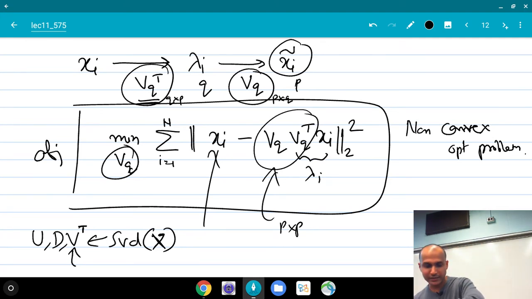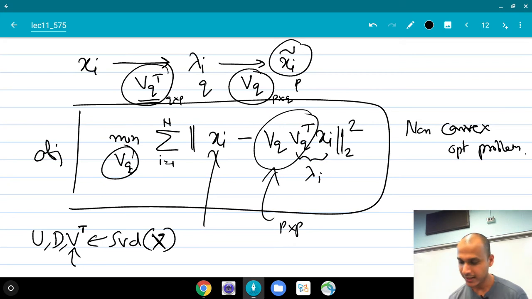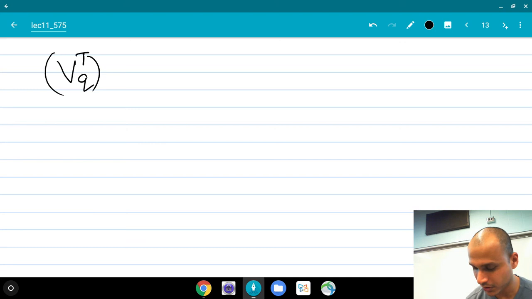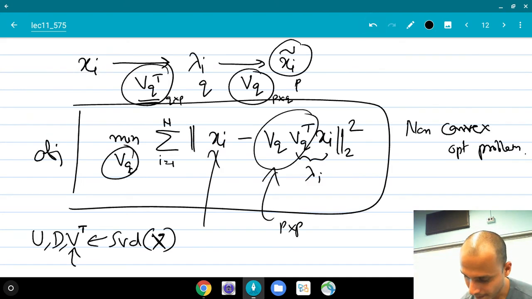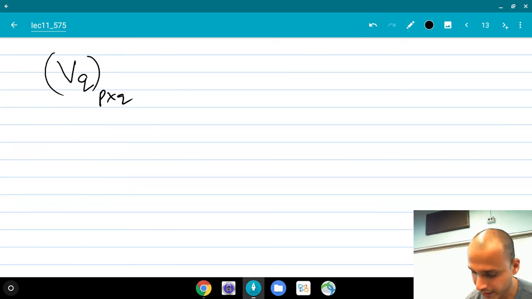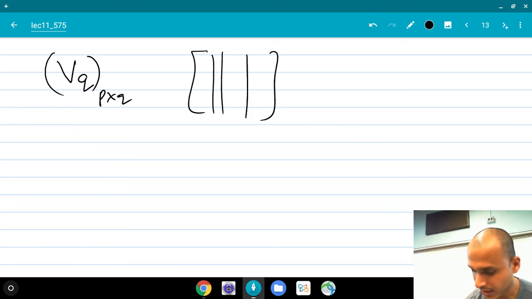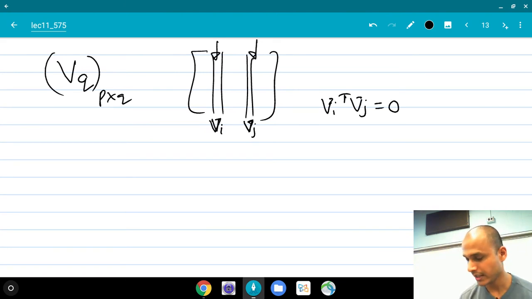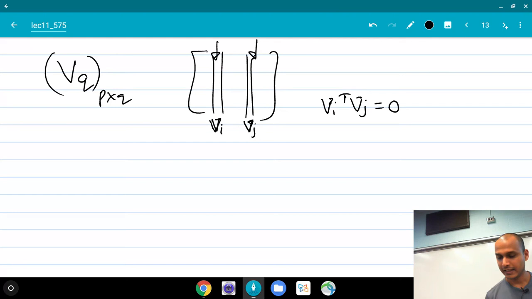So what is SVD? Let me write down SVD. We wanted to find VQ, which is P cross Q. Basically it's a matrix of Q column vectors that are orthogonal to each other. So if this is Vi and this is Vj, a column vector, then Vi transpose Vj is 0. That's all it means.